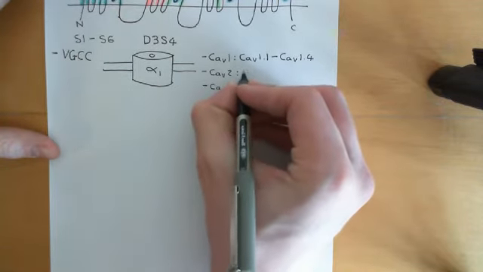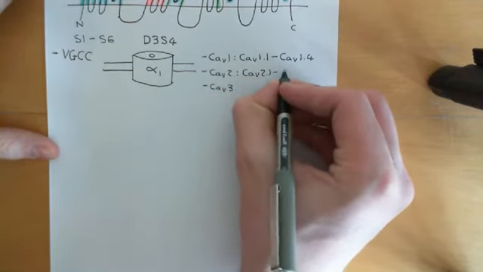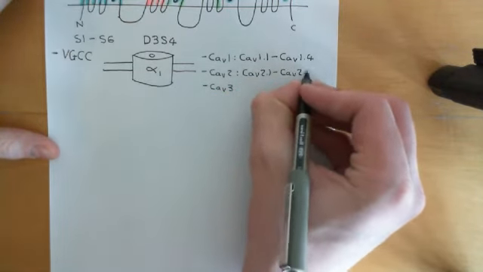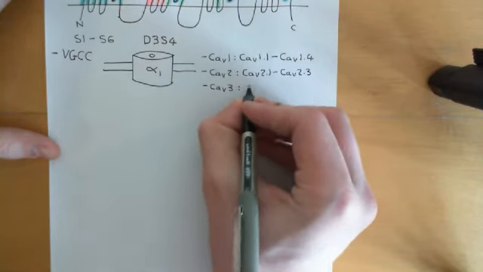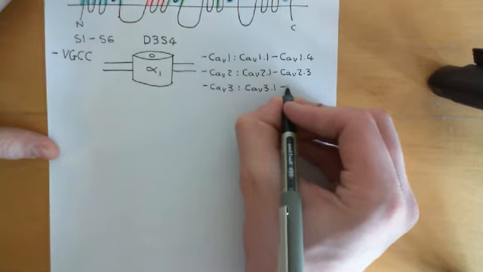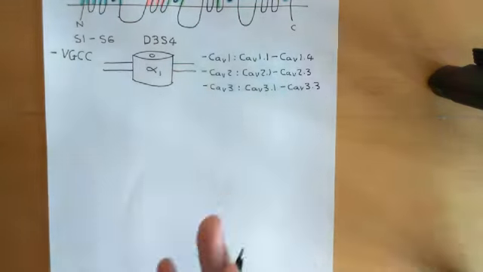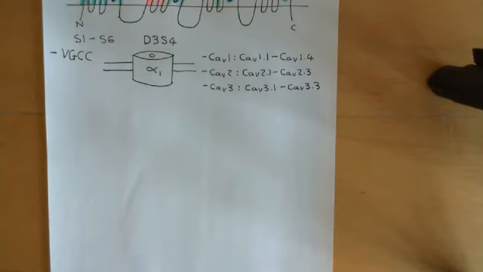There are 3 members of the CaV2 family, called CaV2.1 all the way up to CaV2.3. And there are 3 members of the CaV3 family, called CaV3.1 all the way up to CaV3.3. So a very simple naming system for the alpha-1 subunits of voltage-gated calcium channels.